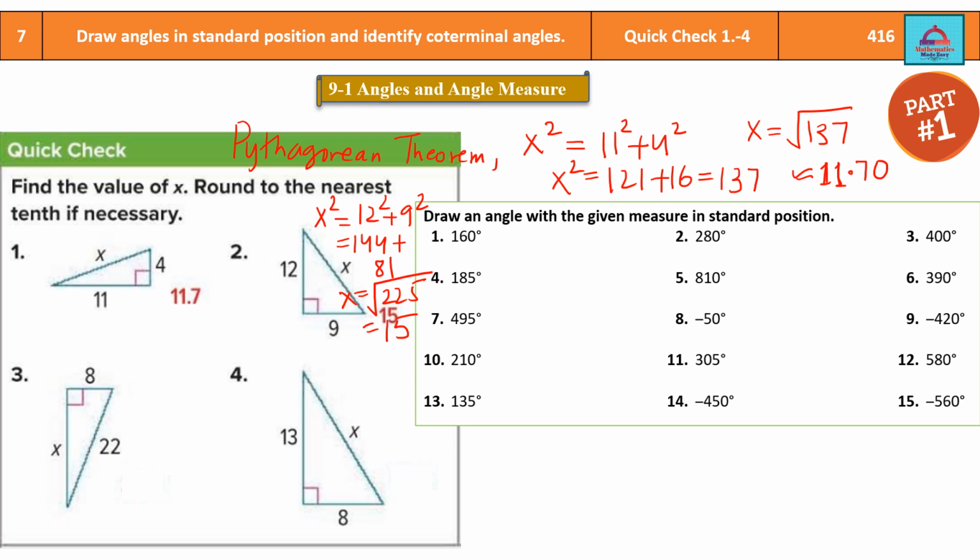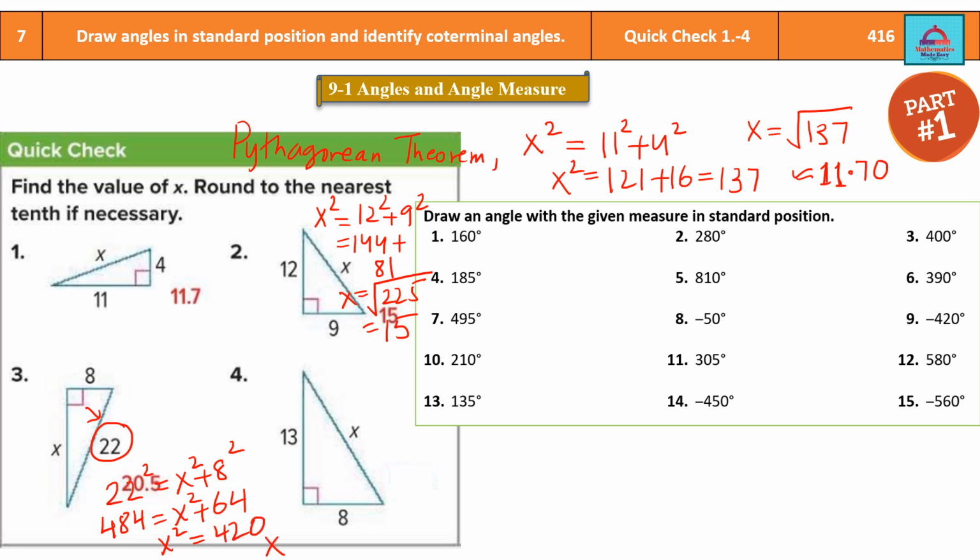For question number 3, the hypotenuse or the longest side opposite to the right angle is already given to you, that's 22. But you have to find this x, so I'm going to apply 22 square. It's going to be equal to the sum of the squares of the other two sides. So 22 square is 484. 8 square is 64, so x square is going to be 484 minus 64, that is 420.